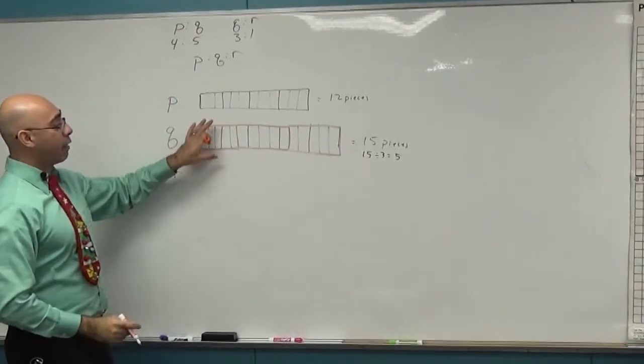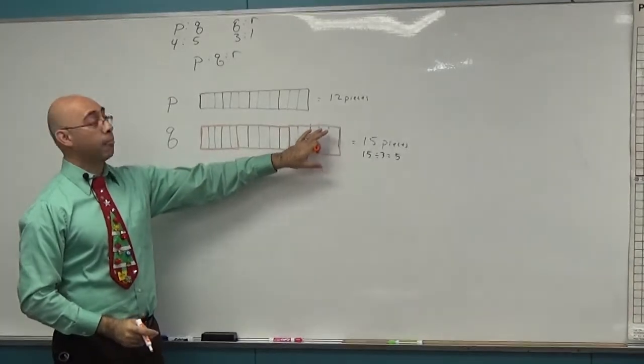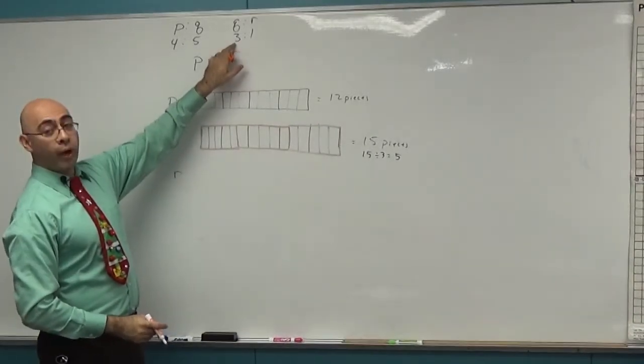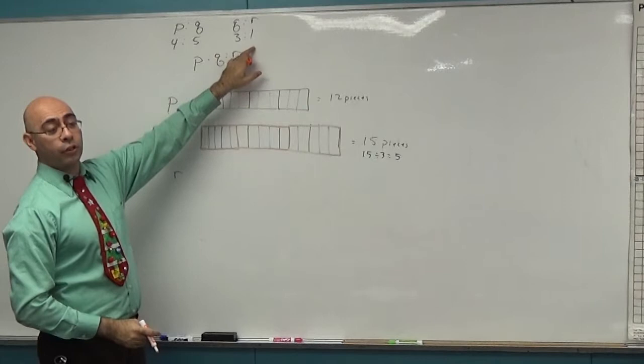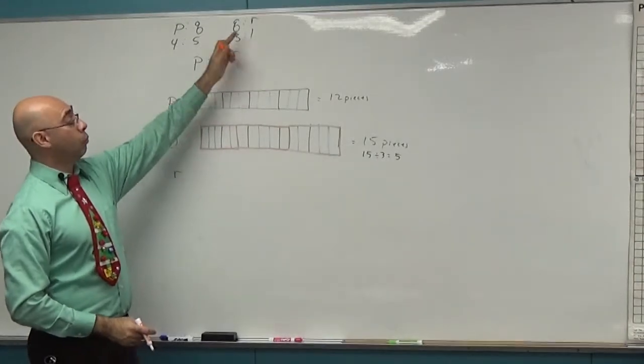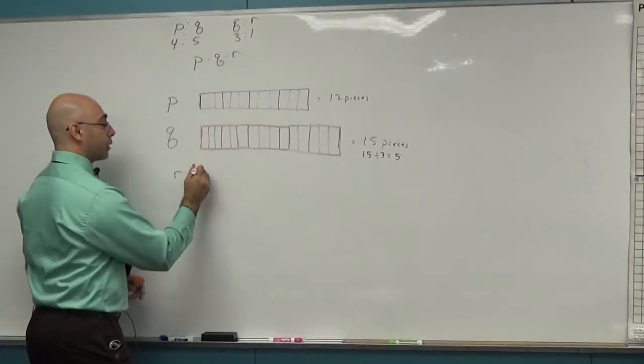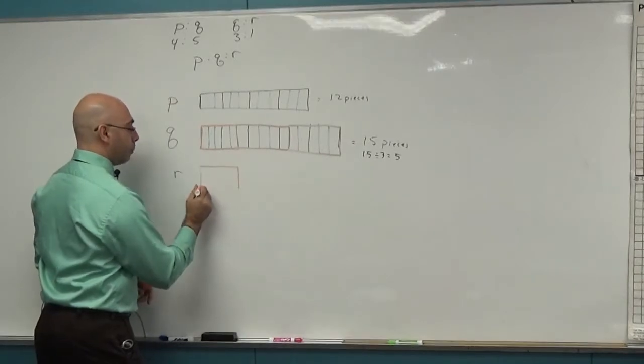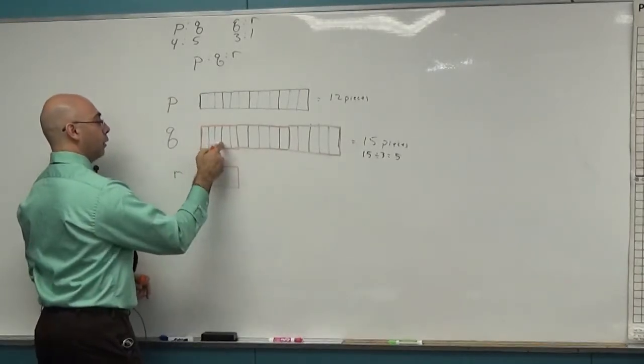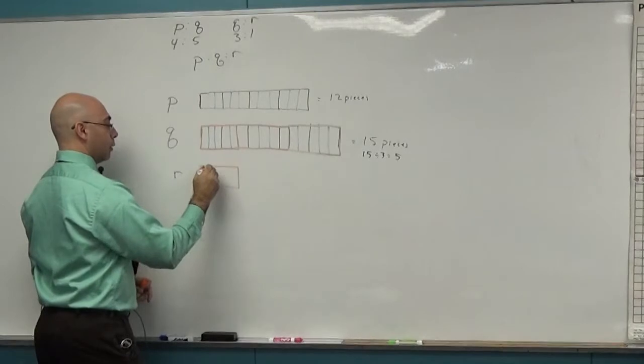All right, so now I have 3 rectangles, correct? If I have 3 rectangles for Q, how many rectangles should I have for R? 1. So I'm going to draw 1 rectangle. And how many pieces are in each rectangle? 5 pieces.